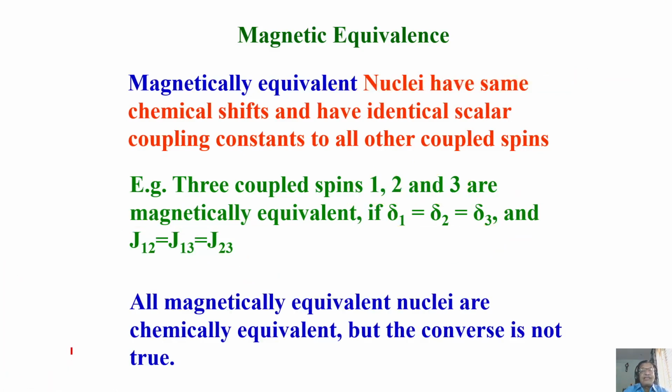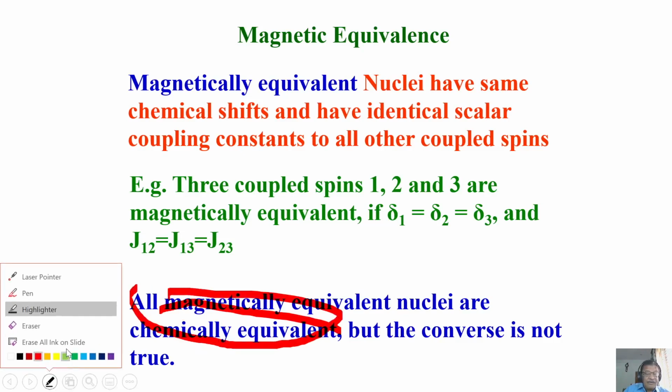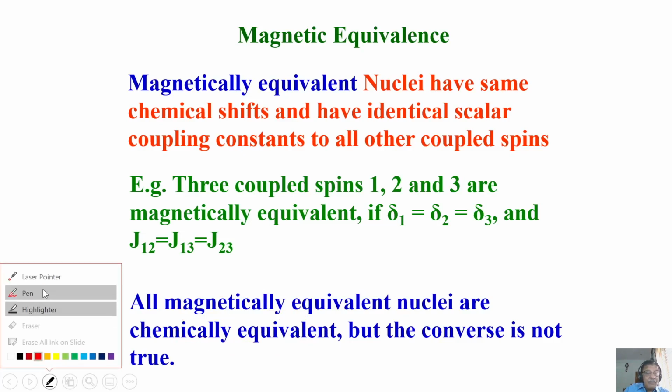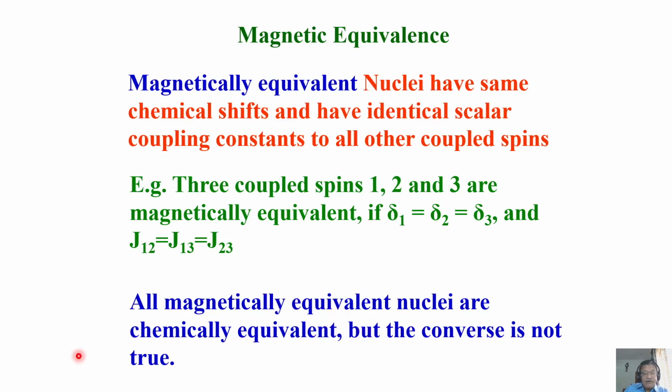So now the logic is simple. All magnetically equivalent nuclei are chemically equivalent. Remember, all magnetically equivalent are chemically equivalent, whereas the converse is not true. If I take all magnetically equivalent nuclei like this one, delta 1, delta 2, this one is there. That means they have to be invariably chemically equivalent.